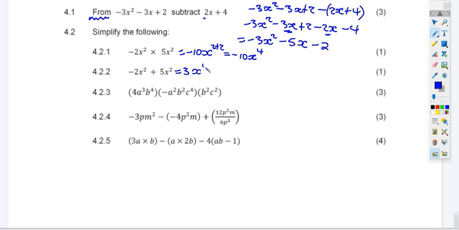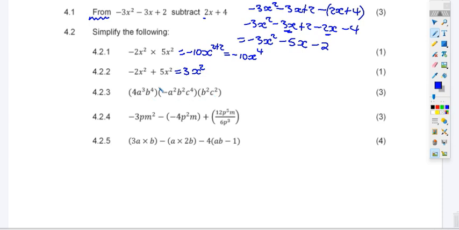And then the variable remains the same. Oh, look at the mistake that I'm making there. The variable remains the same, so it remains negative, it remains x raised to 2. When you add or subtract like terms, the power or the exponent does not change.